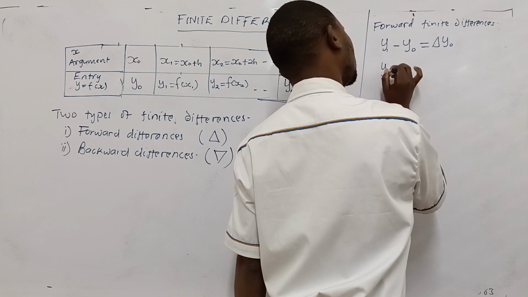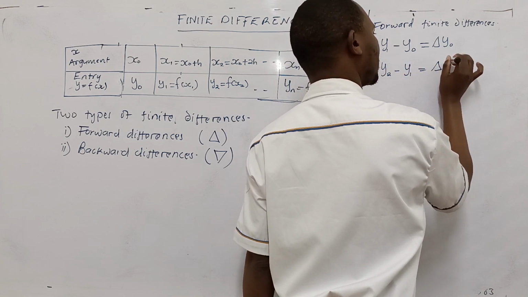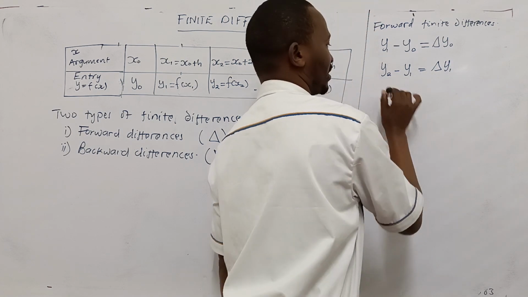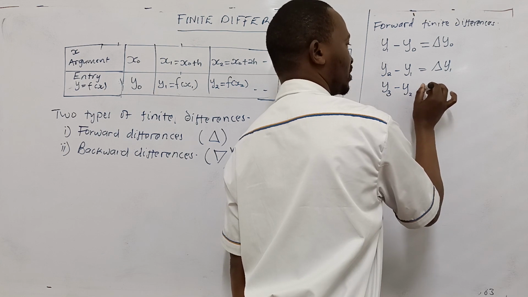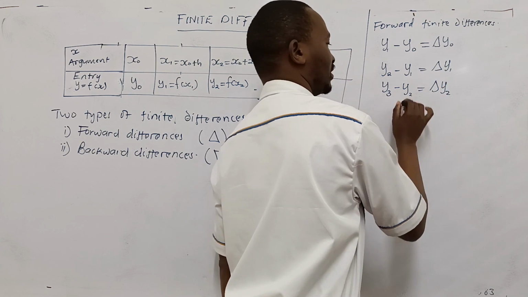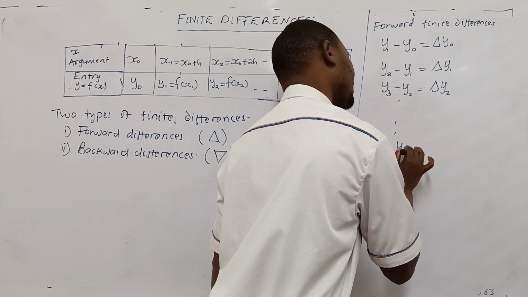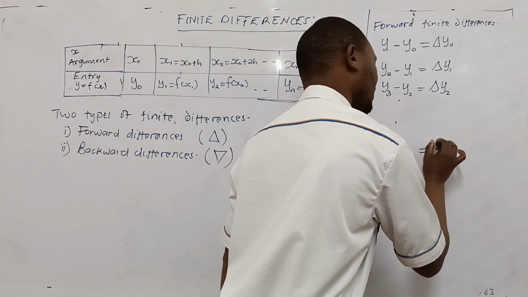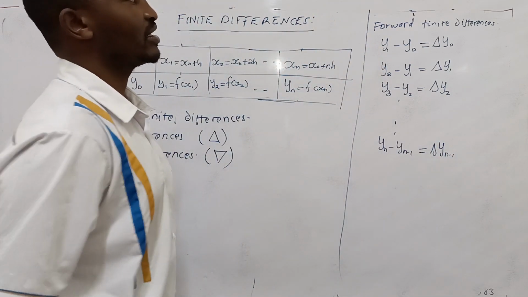If we take y2 minus y1, this will give us the first forward difference of y1. We take y3 minus y2, this will give us the first forward difference of y2, and so on. If we take yn minus yn minus 1, this will give us the first forward difference of yn minus 1.